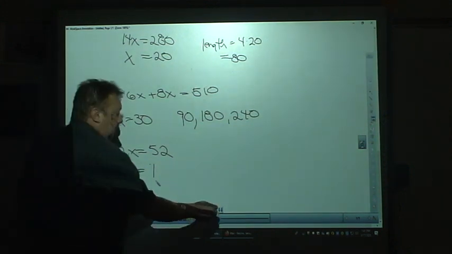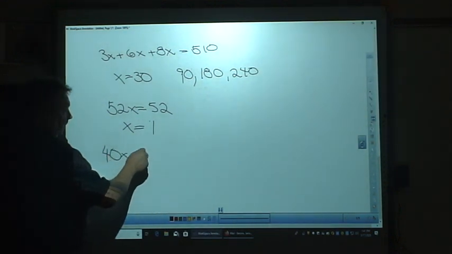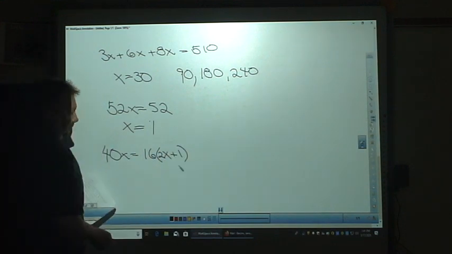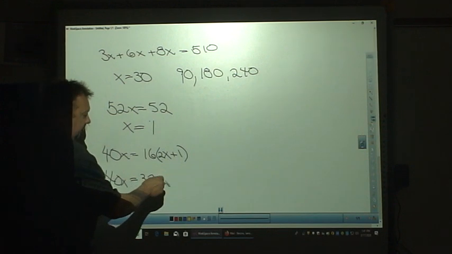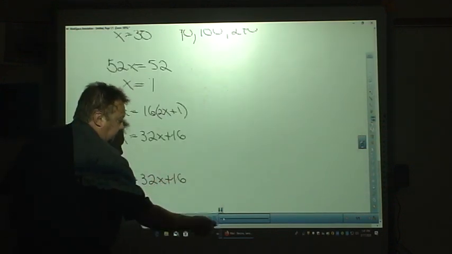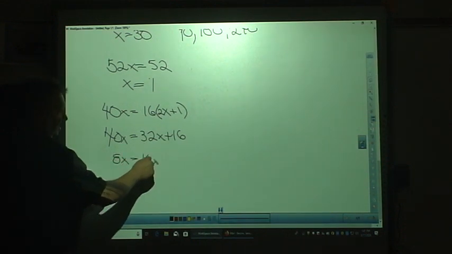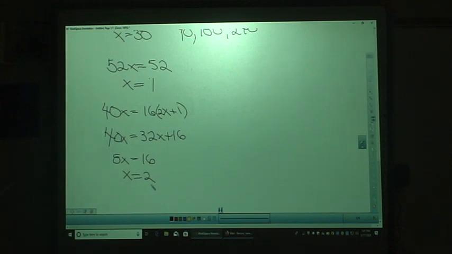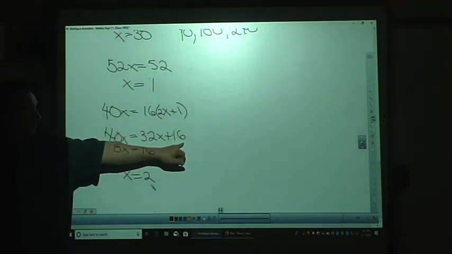For the next one, you'll have 40 times x equals 16 times x, 2x plus 1. 40x equals 32x plus 16. 8x equals 16, so that x equals 2. That's for number 7. Don't forget to multiply by each part using the factor or distributive, excuse me.